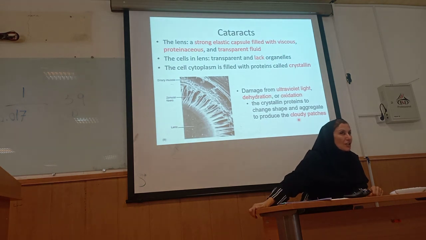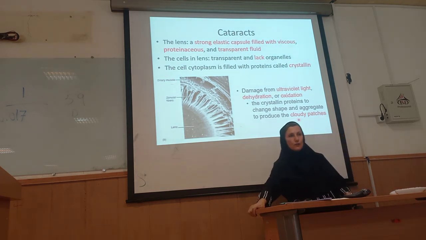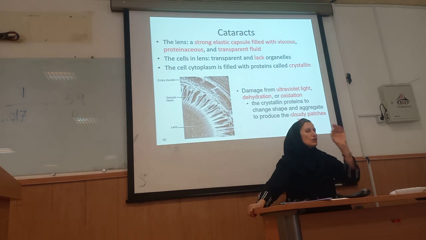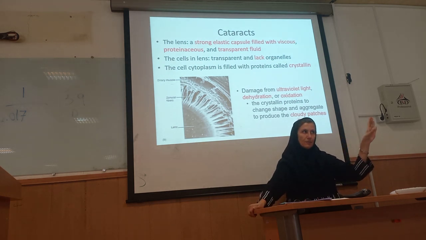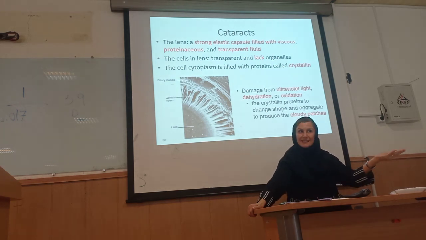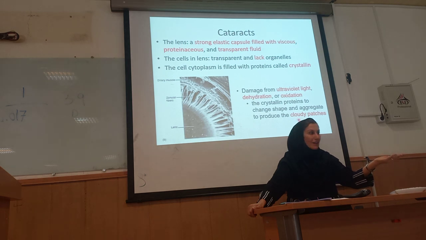Lens. So I can say every individual gets presbyopia. But what about the cataract? Someone may not get cataract if there is no damage to crystalline, because this is something pathologic.